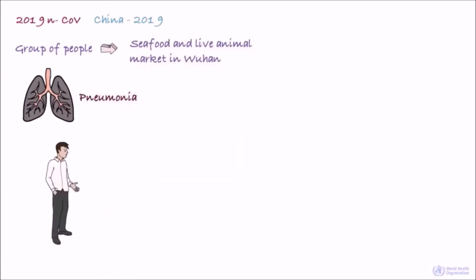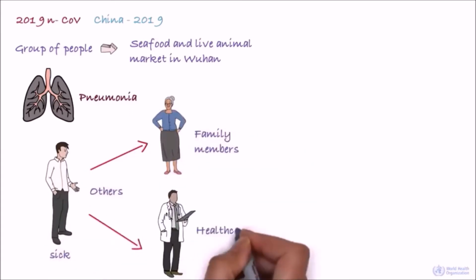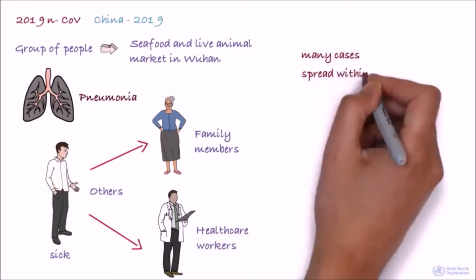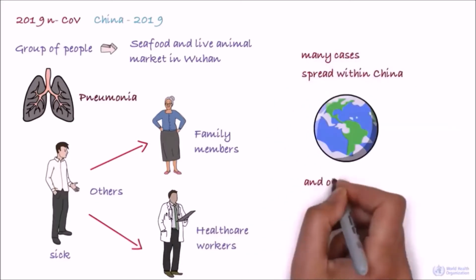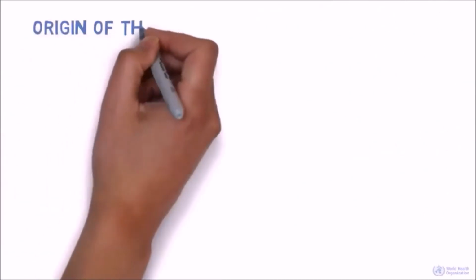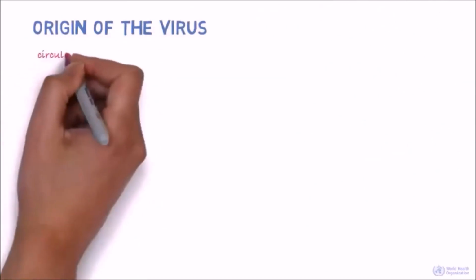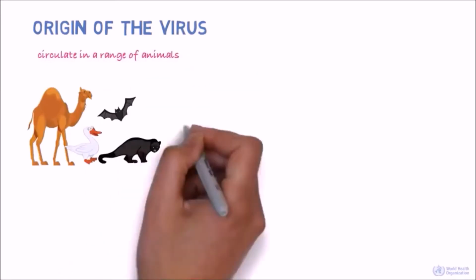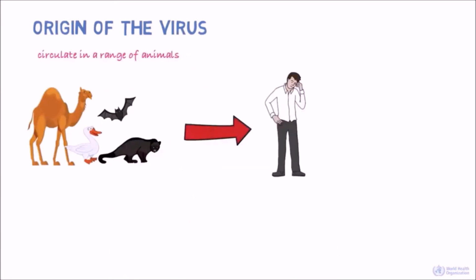The disease has since spread from those who were sick to others, including family members and healthcare staff. There are many cases at present, and the disease has spread within China and also to a number of other countries. So, where did the virus come from? It's known that coronaviruses circulate in a range of animals. Sometimes these viruses can make the jump from animals to humans.